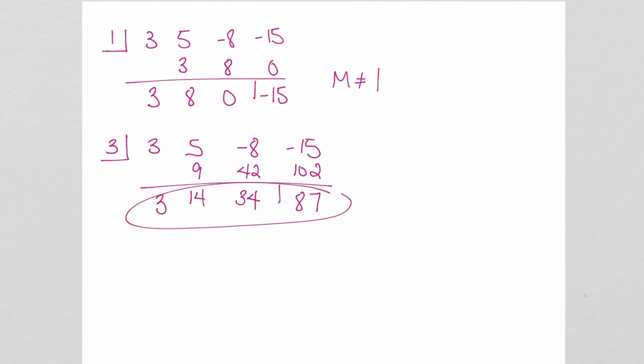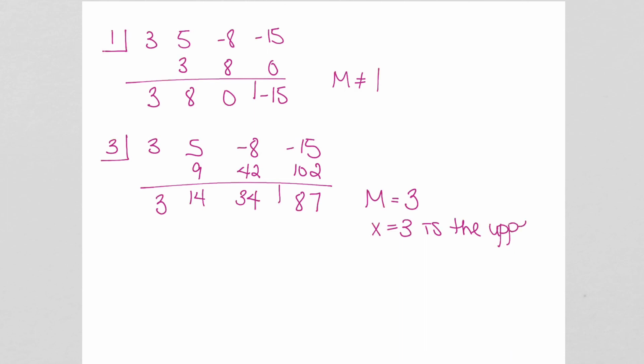All the numbers in this third row are positive. So that means our upper bound is 3. x equals 3 is the upper bound.